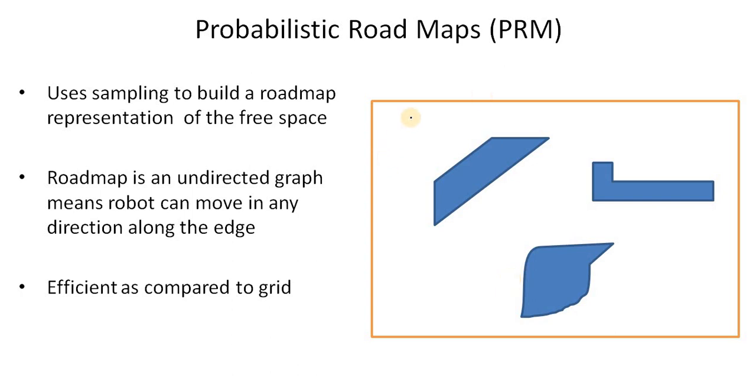So this is how, let me show you, it samples the configuration space randomly, and then it connects these sample points to make a roadmap that looks like this.